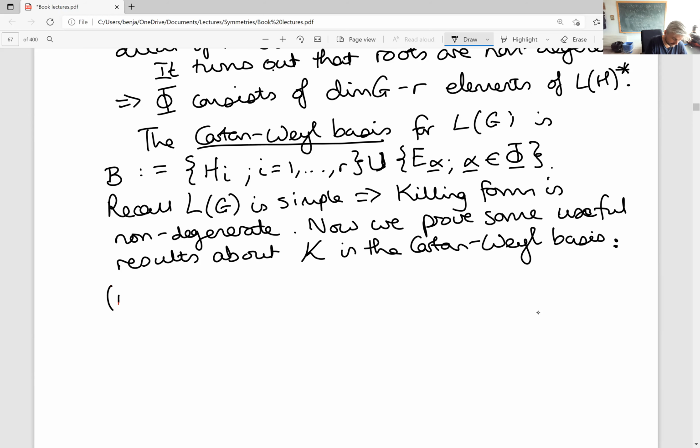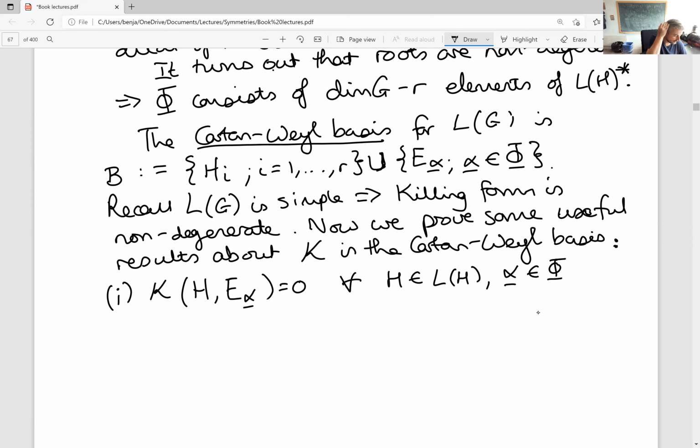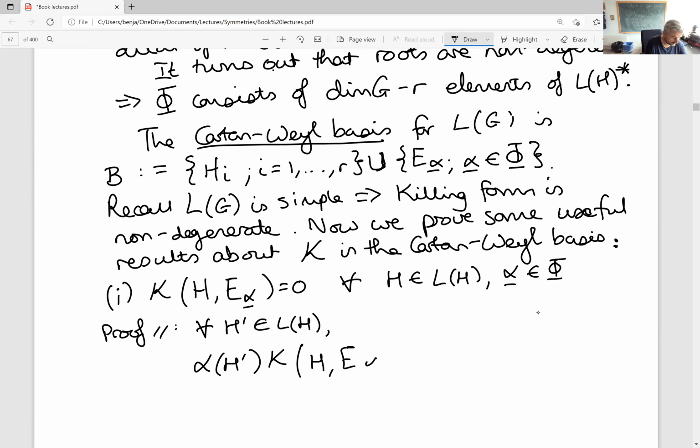So firstly, the first result is that the Killing form of any element H of the Cartan subalgebra and E^α is 0. And this is for all H in the Cartan subalgebra and all roots α in the root set. So the proof of this is for all H' in the Cartan subalgebra, we can consider α(H') times the Killing form of H and E^α.